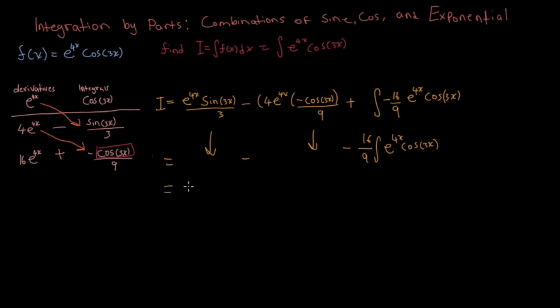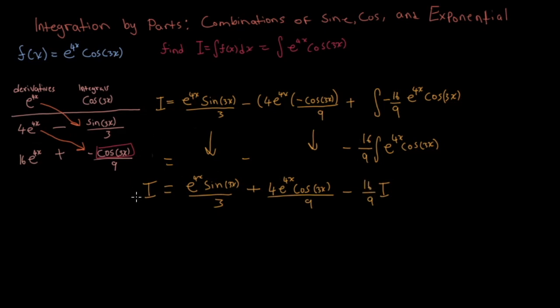So our function would look like this: e to the 4x sine 3x over 3, plus, because the two negatives cancel out, 4 times e to the 4x cos 3x over 9, minus 16 over 9 I. As you can see, we have I here too, which is great, because we can now add 16 over 9 I to both sides.